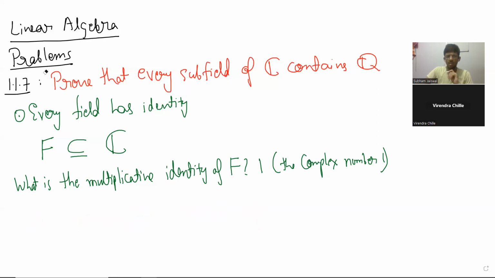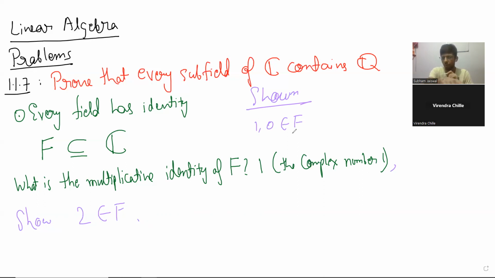Can you show that 2 is in there? We have shown that 1 is there because F has multiplicative identity. Similarly, 0 is there. So we have shown that 1 and 0 are in F because a field should have multiplicative and additive identity, and they have to be the same as the ones for the original field.